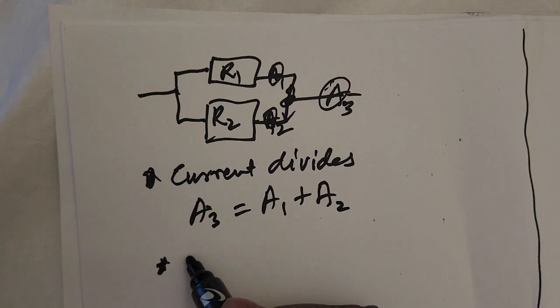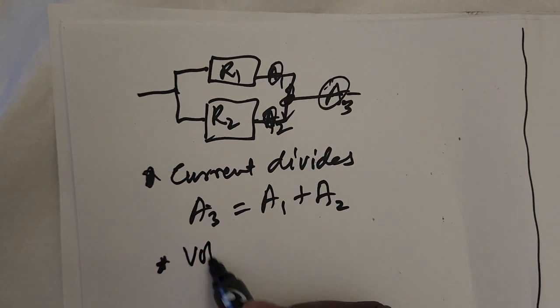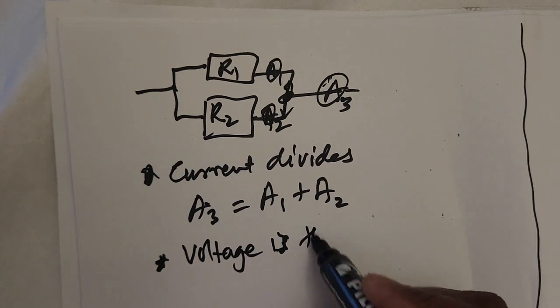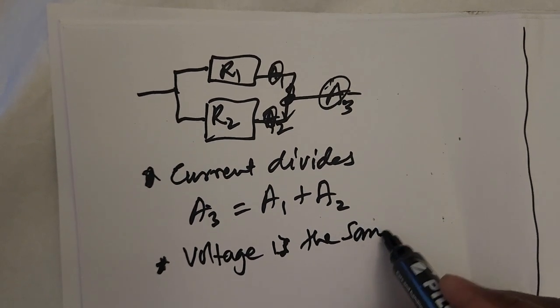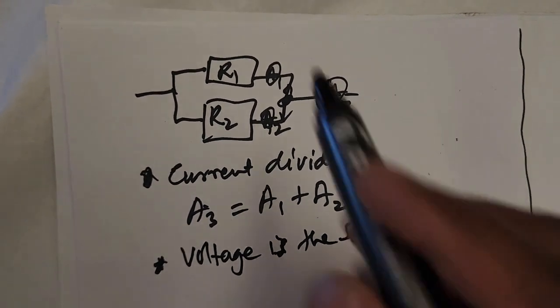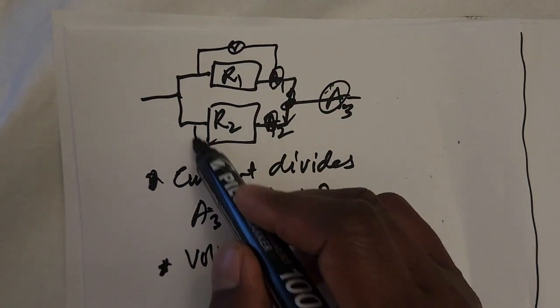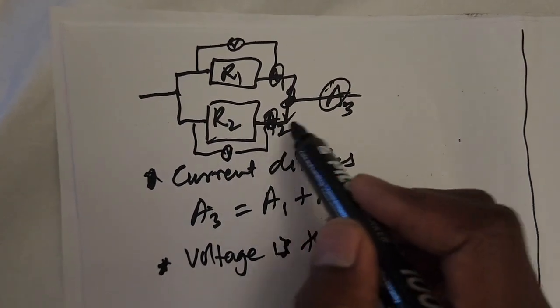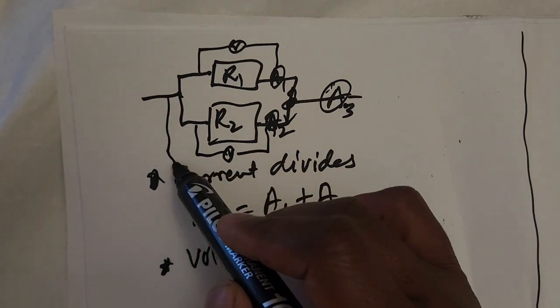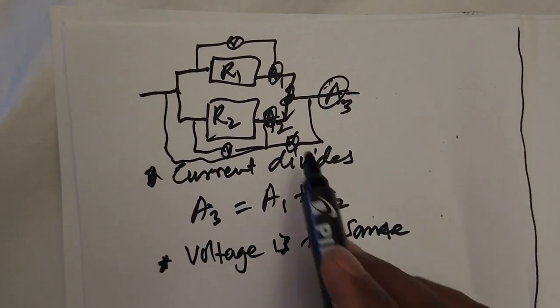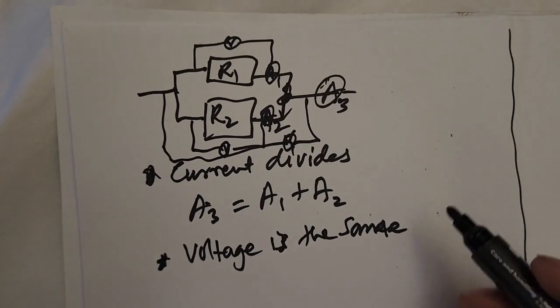The second point will be the voltage is the same. Voltage is the same. Very important one, you must always remember this, that if I can connect a voltmeter here and connect another voltmeter here and connect another voltmeter across all this, then all the three voltmeters will read the same value.